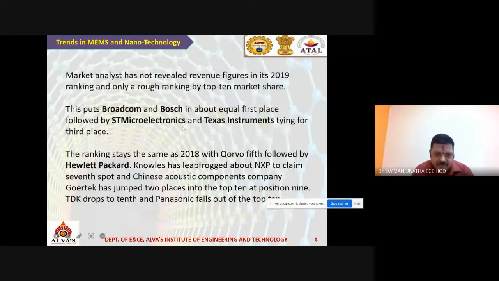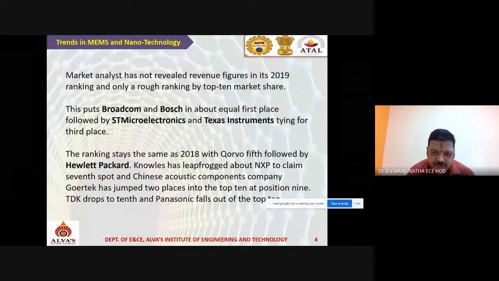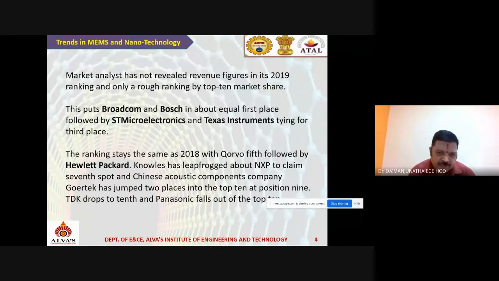Market analysts have not revealed revenue figures for 2019. Up to 2019 it is marked, ranking only by top 10 market share. This puts Broadcom and Bosch in about first place, followed by ST Microelectronics, Texas Instruments, etc. The ranking stays the same as 2018. Qorvo is fifth, followed by Hewlett Packard. Of course, this is information which I have taken recently from Google.